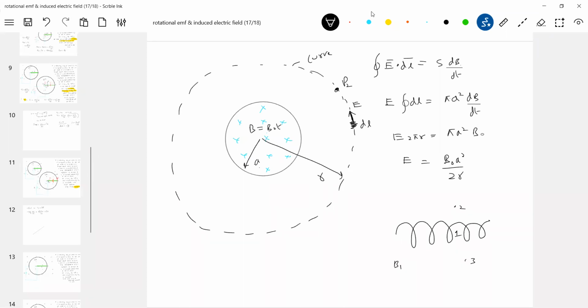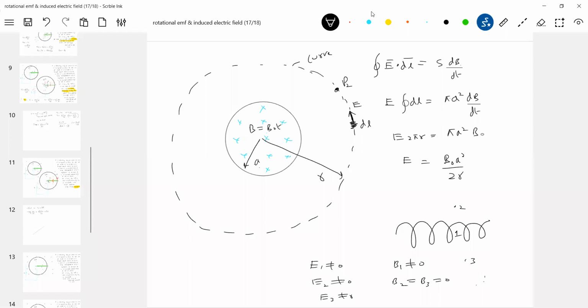B bar at 1 will be non-zero, 2 will be 0, and 3 will be 0. What about the induced electric field? At 1 it will be non-zero, 2 will be non-zero, 3 also non-zero.